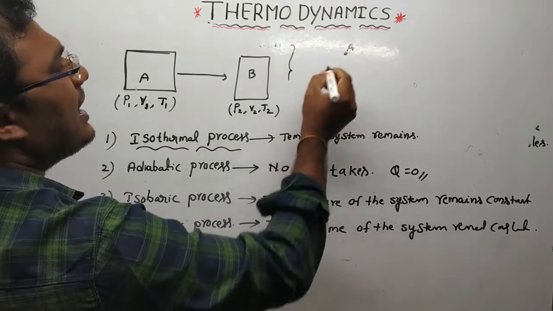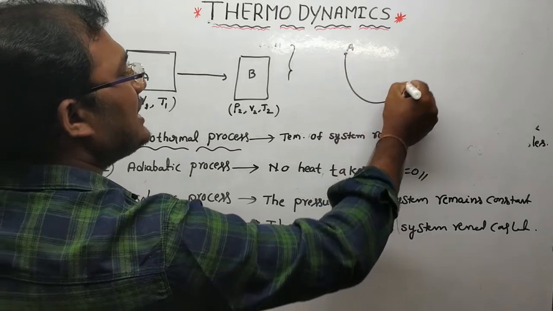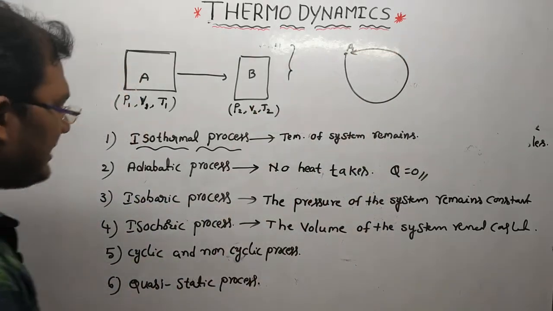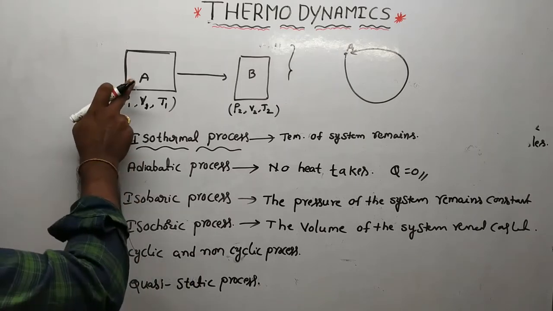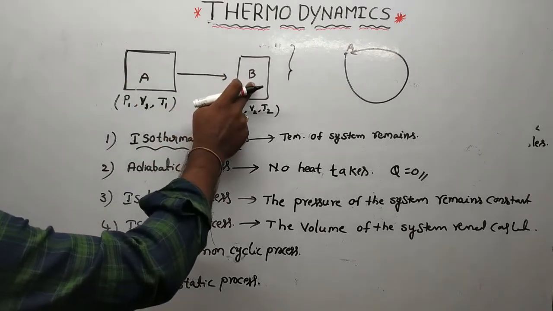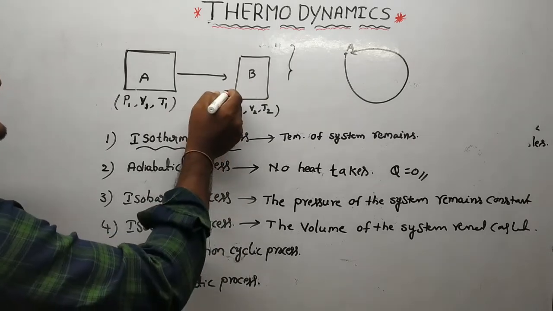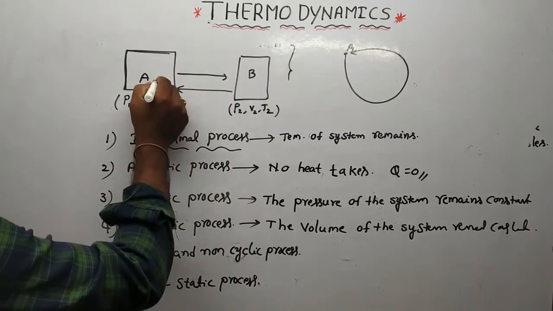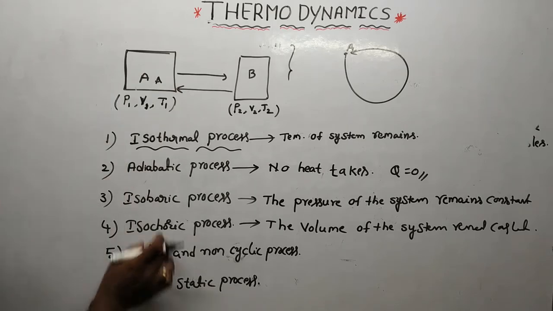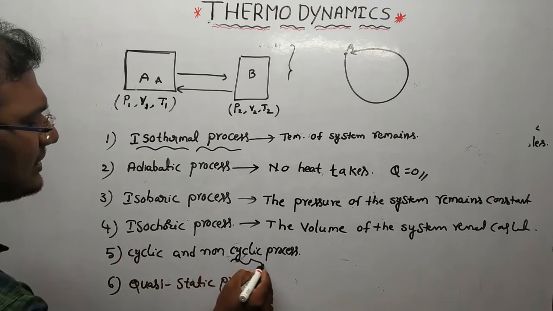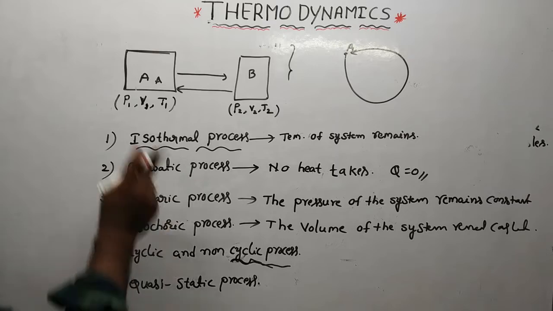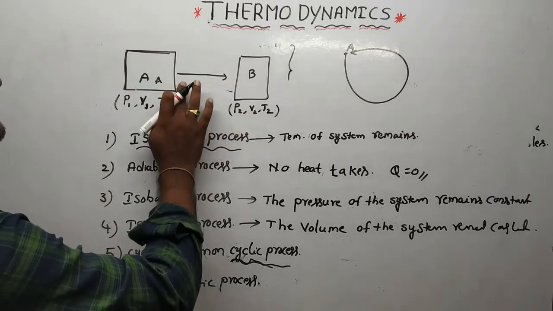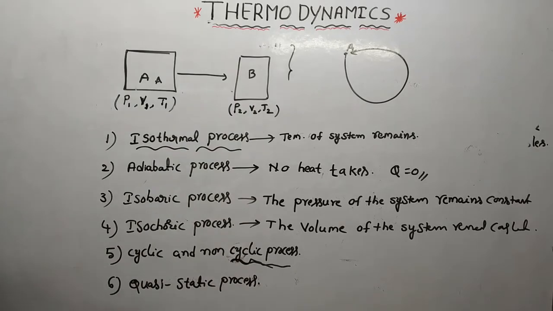is at A, the final state of the system is also A, then we can say that is a cyclic process. Here the system starts from A and reaches state B. Again it comes to state A. Then we can say that this process is a cyclic process. But what is a non-cyclic process? A non-cyclic process is nothing but the initial state and the final state of the system are different.